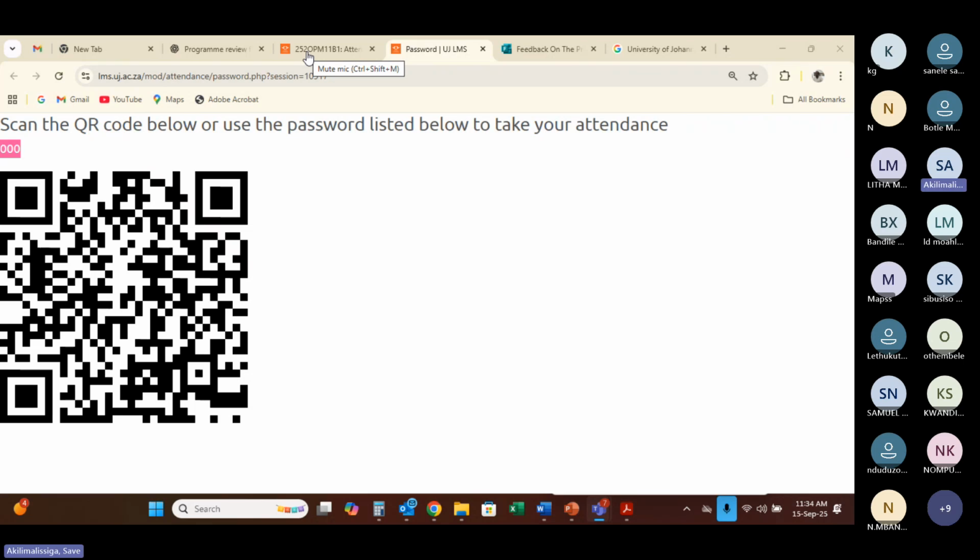I think if you go there, it's going to give an option whether to put the password or something. Or you can just scan this. Maybe if you are logged in using your computer, you can just scan this QR code, because it's going to close in 6 minutes.